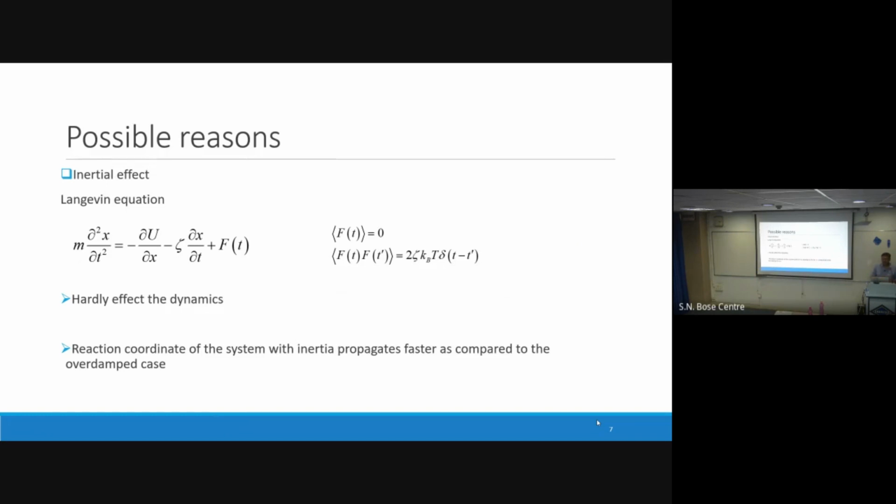But we need a long time tail, so this gives the opposite scenario. If you consider the inertia term, the system gives a shorter distribution because it propagates faster. So this is not the possible explanation.